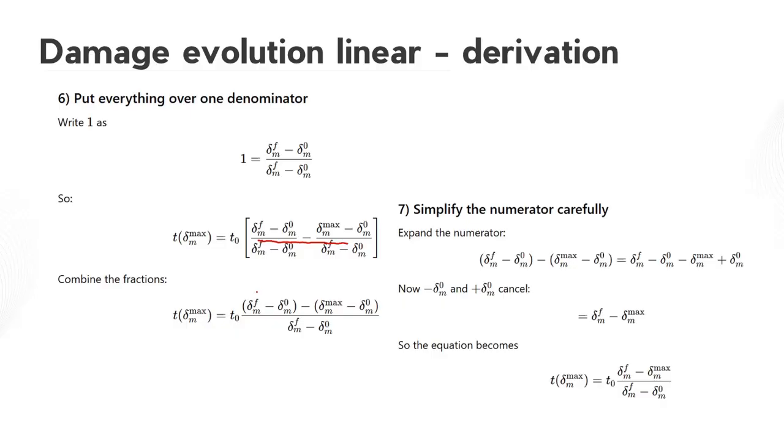So I will be receiving something from the point of view of the slip on the left side, and something from the point of view of the slip on the right side. There is some coincidence that minus delta m0 and plus delta m0 can be cancelled out. So what you will receive once you express the t of delta m max is that t0 times delta m fracture minus delta m max divided by delta m fracture minus delta m at damage initiation.